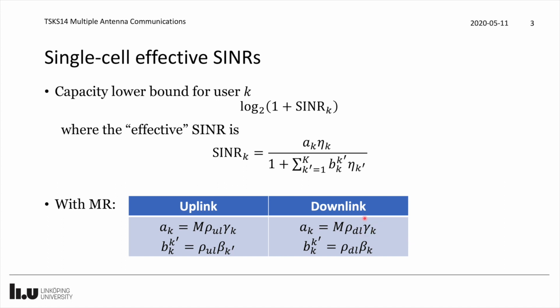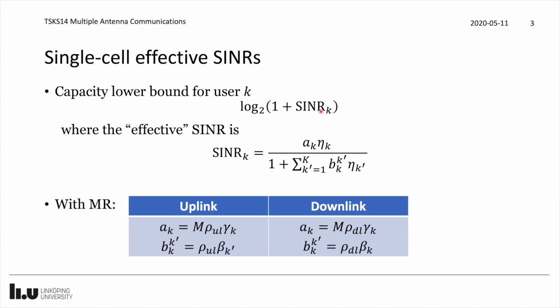So it looks very similar, it's just the uplink or downlink power that has changed. The interference terms also look similar, but the indices are changed. We still have rho, but now it's rho downlink, the downlink power, and then we have beta k. So in the downlink, the interference term is not dependent on the interfering user's channel, but on my own channel, being user k. So we have beta k here instead of beta k prime.